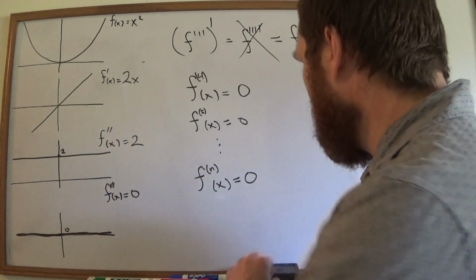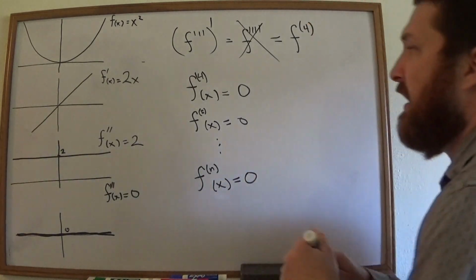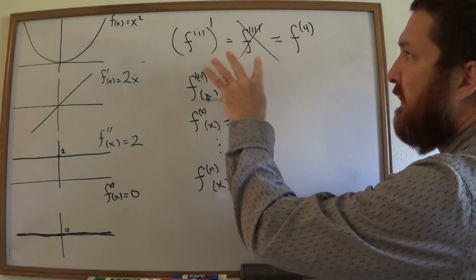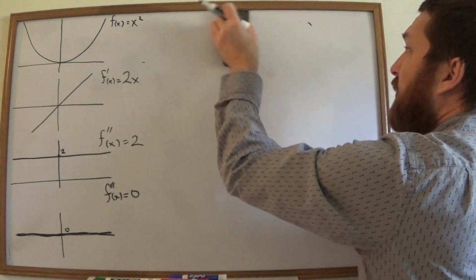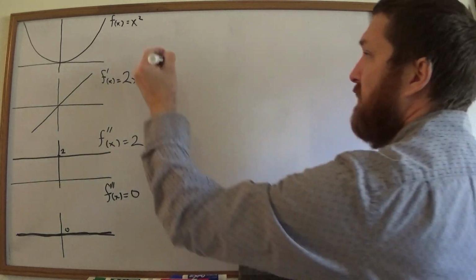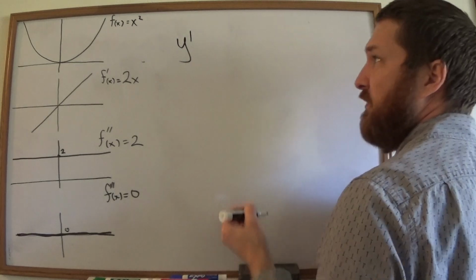So there's a couple more things I want to say. In the same way that we have the prime notation that we've been using, you could also, for instance, have some function y, and that would be its first derivative.